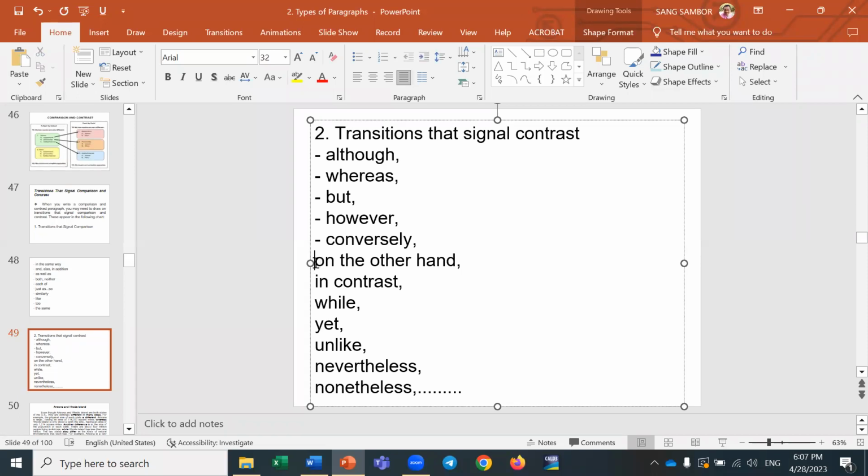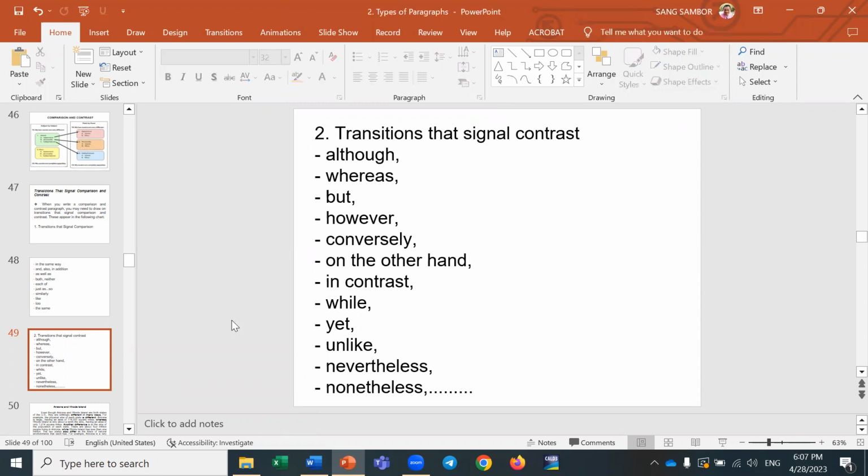Here you also have another one, on the other hand, in contrast, while, yet, unlike, nevertheless, and nonetheless. Okay, so all of these are transition signals that are used in writing the contrast.